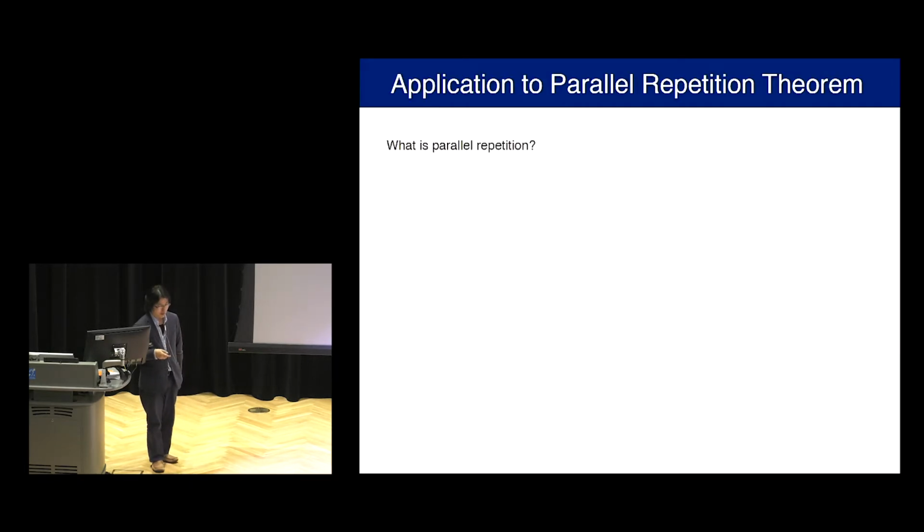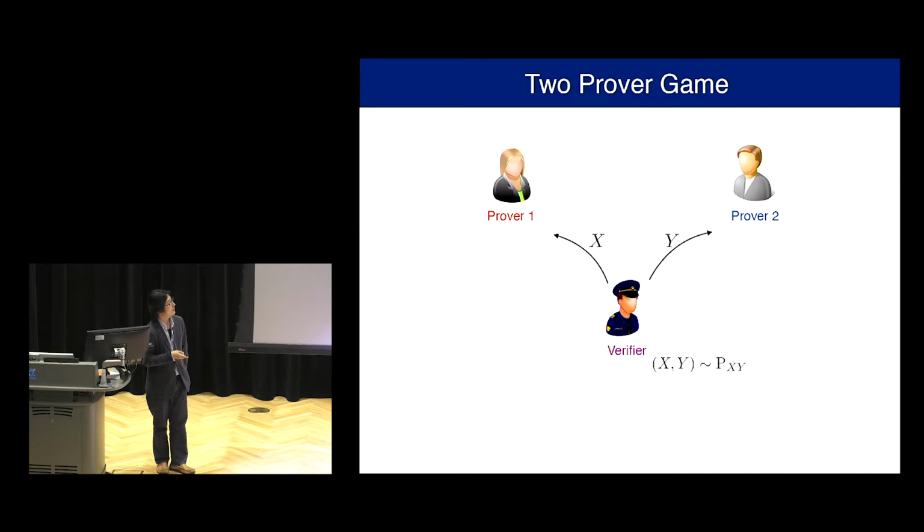Okay, next I'd like to present an application of this recipe to the parallel repetition theorem. So what is a parallel repetition theorem? It is a claim about a two-prover game. So we consider this kind of game. We have two provers and one verifier. And in this game, the verifier samples some queries x and y based on some distribution, and sends the queries x and y to the provers.